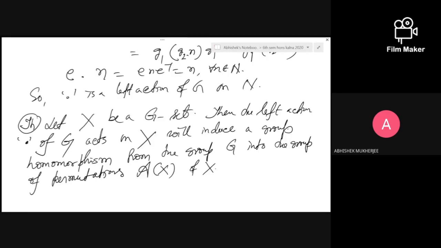And in the reverse case, if you are considering a group homomorphism from G into the permutation group curly A(X) of a set X, then it will definitely give you a left action.